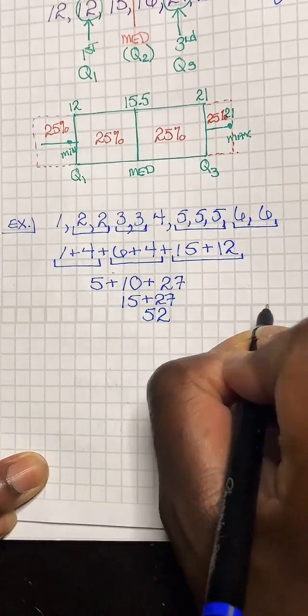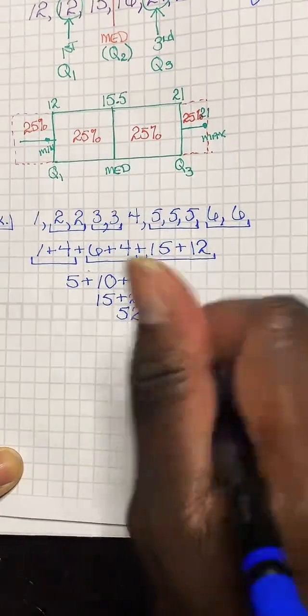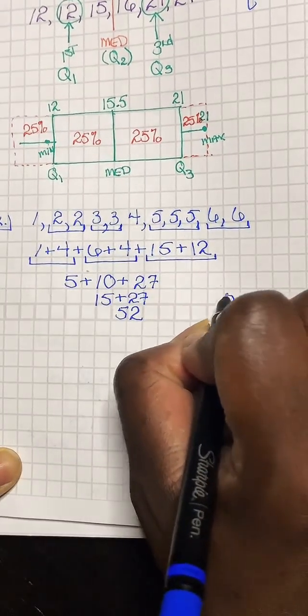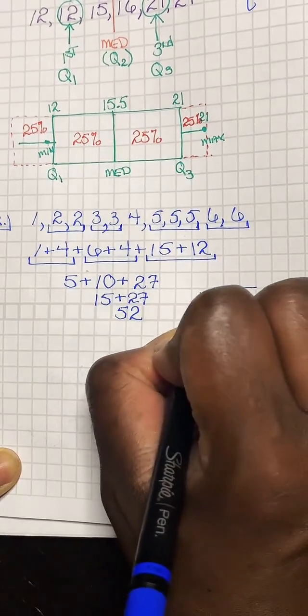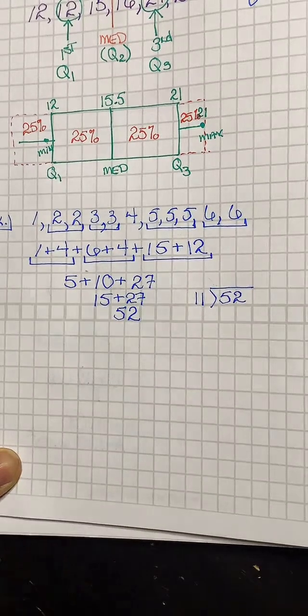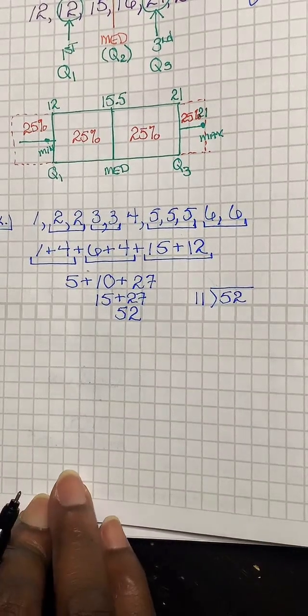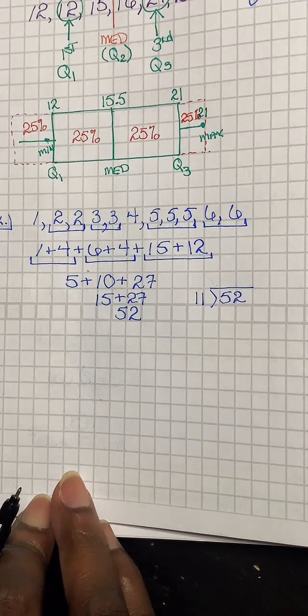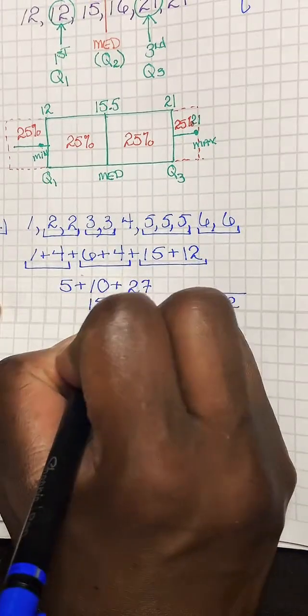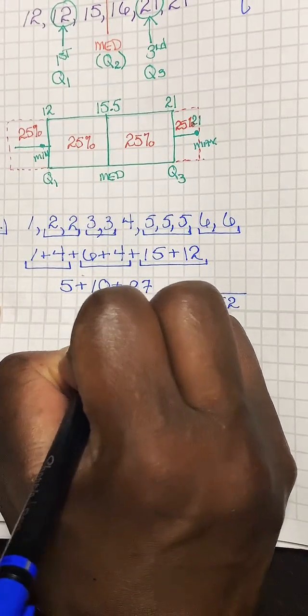So we have 52 divided by 11. Or 42, probably. Hold on. Nope, you're right, 42.